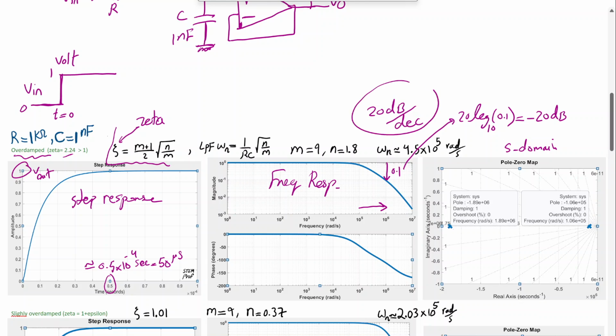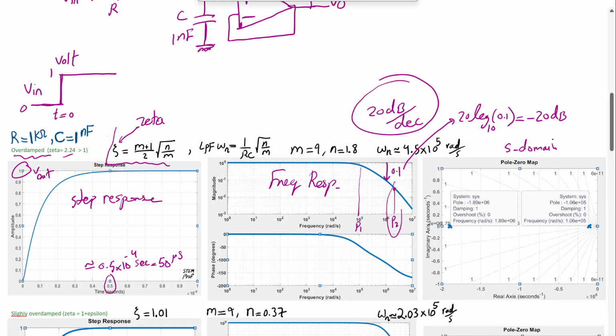So exactly matching what we expected for one pole. But as we get close to the second pole, at around 2 million radian per second, roughly here, this is the second pole, P2, and this is roughly the first pole, P1.